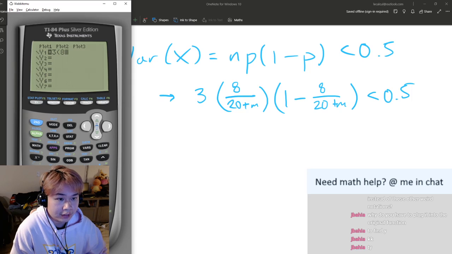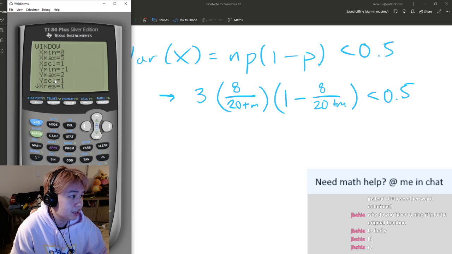So 8 divided by 20 plus x, and then 1 minus 8 divided by 20 plus x, bracket, bracket, bracket, and then change my window. Okay, so here's my window.